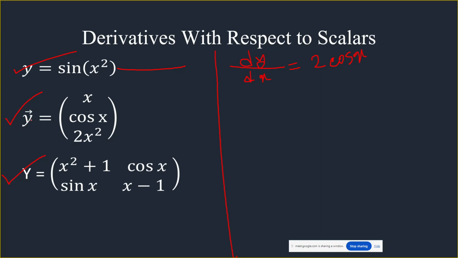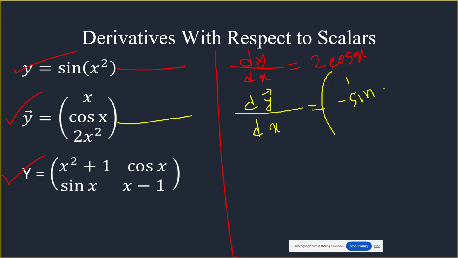Then when we do the y vector with respect to x, we take the derivative of x and get 1, the derivative of cos x gives negative sine x, and the derivative of 2x squared gives 4x.